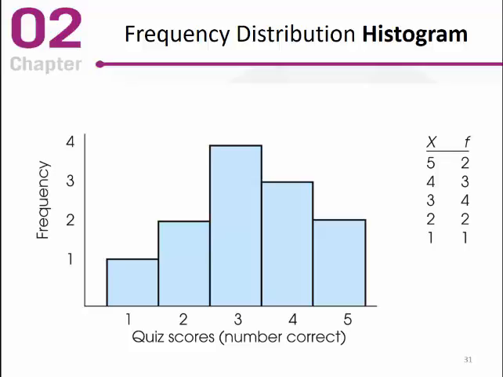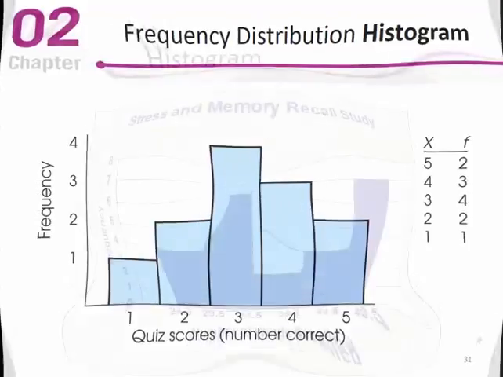If you just look at the graph itself, you can see it kind of looks like a bar graph, but in a histogram the bars are actually touching, so it shows a continuity between the different categories. They're not distinct categories, there's a continuation between them. So that shows in the histogram that the bars are touching.